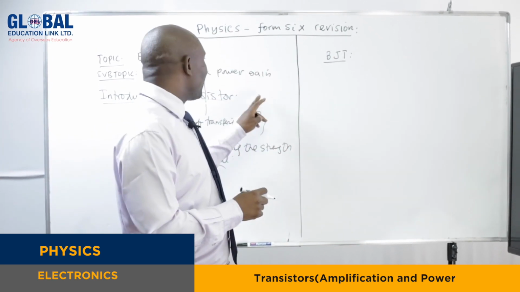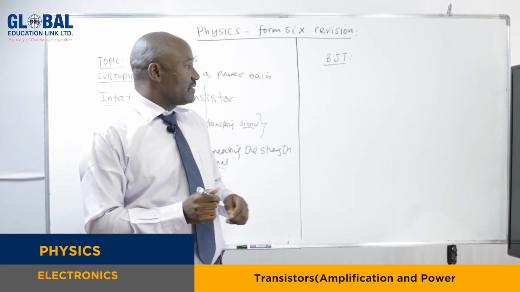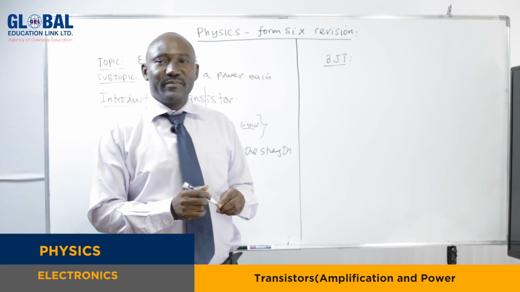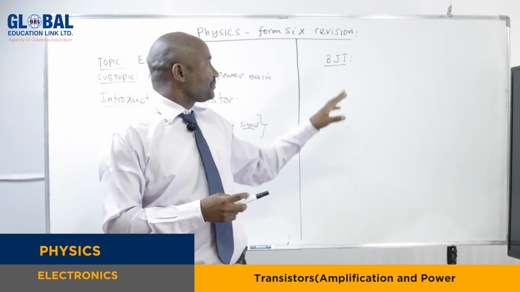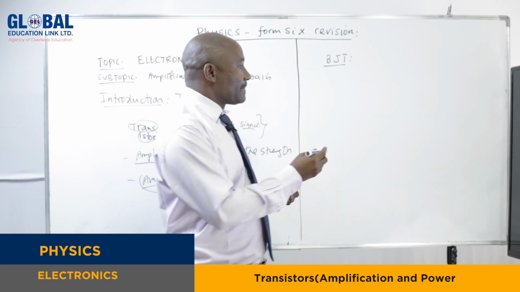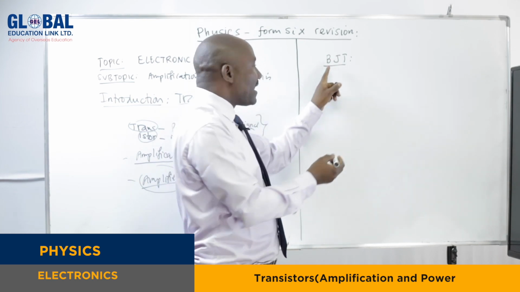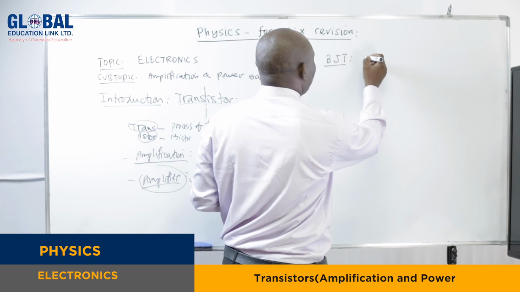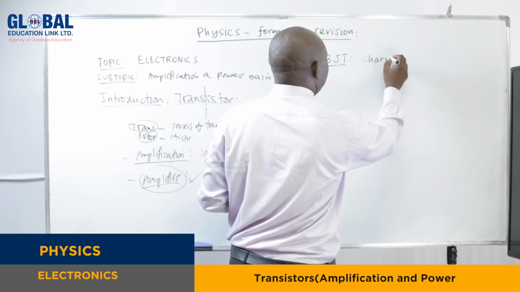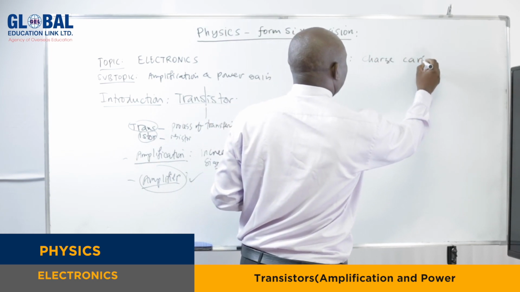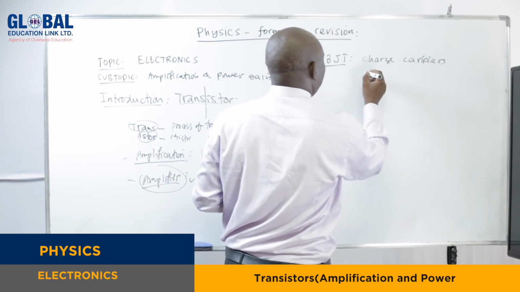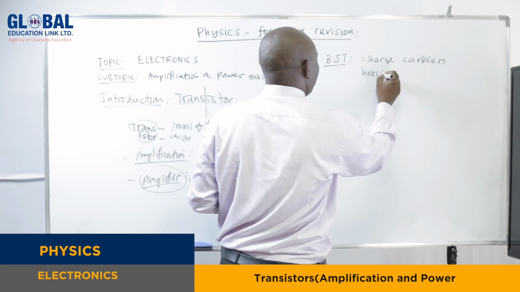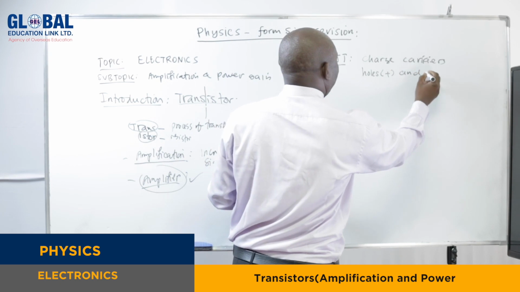What is a bipolar junction transistor? This is a type of transistor which makes use of two charge carriers. Bi means two. So we have two charge carriers, which are holes and free electrons.